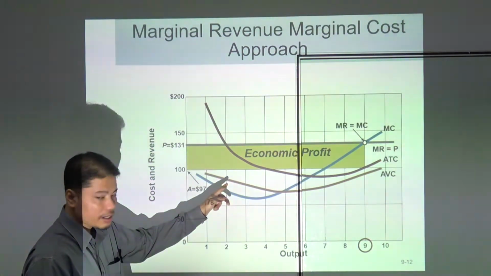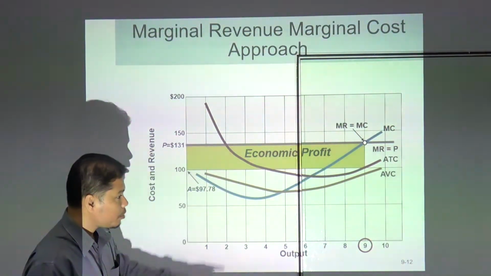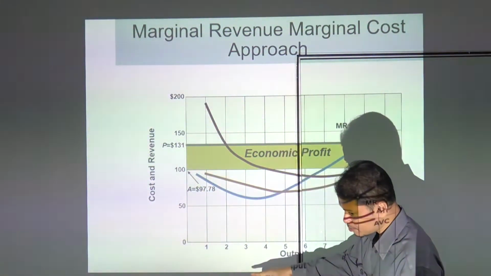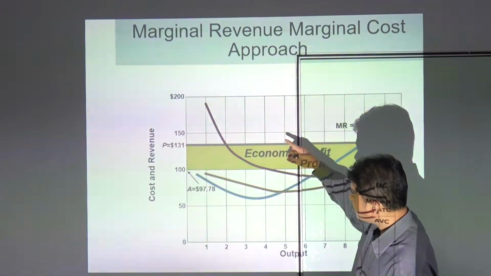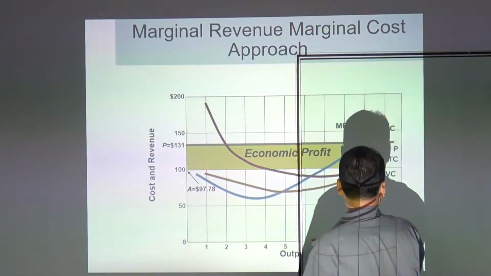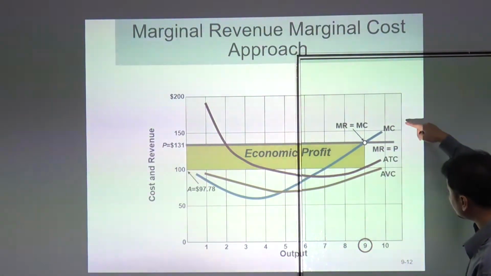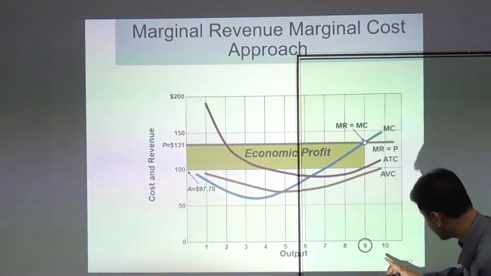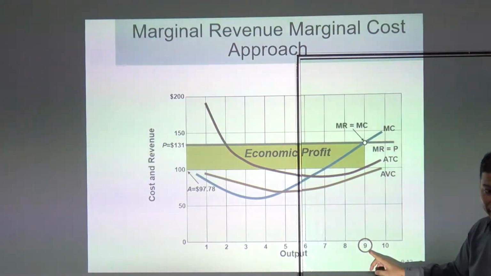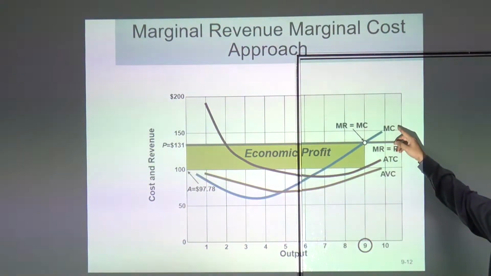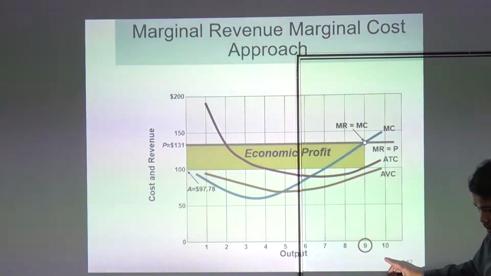Can you see where MR equals MC? So MR equals MC, and then locate the quantity. In this case, MR equals MC is somewhere here, and you locate the quantity. Quantity here is 9. So that is the first step: identify where MR equals MC on the diagram and locate the quantity, here 9 units of output.